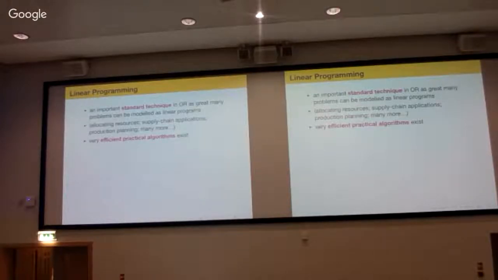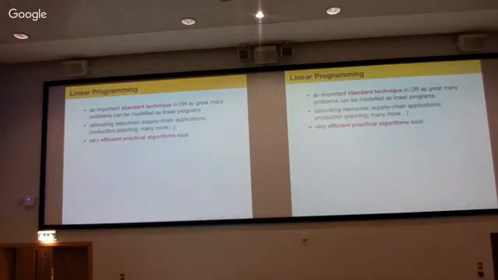And the first one is that many problems are amenable to linear programming. Many problems you can actually model as linear programming problems. So it's very useful in this sense. And the second reason is that it can be solved quite efficiently and quickly, even for large-scale linear programs where you've got hundreds of thousands of decision variables and hundreds of thousands of constraints.